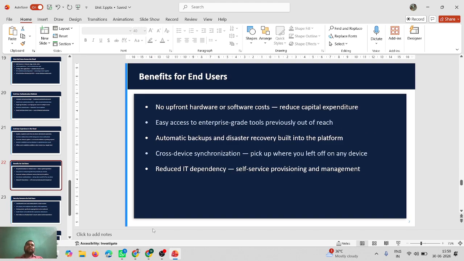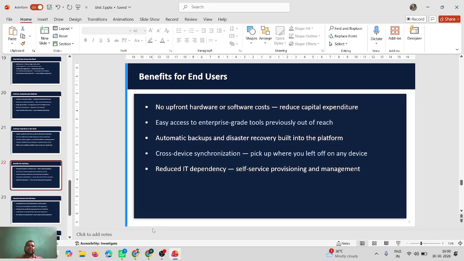So what are the benefits for end users? Your data is secured, right? No need to purchase any new hardware or software, which will tremendously reduce your capital expenditure, and it is easy to access enterprise-grade tools because you can quickly build your application and deploy it without the need for any explicit hardware or software.